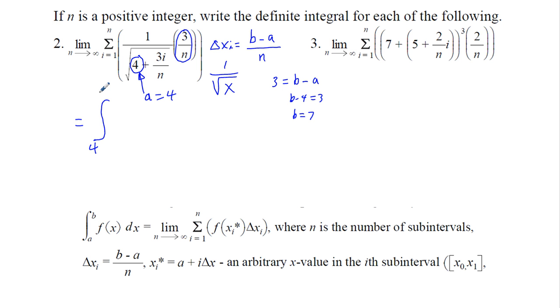So we're integrating from 4 to 7, and then we have 1 over square root of x dx. And really, that should be it. I hope this makes sense, and I hope it's right. Let's go on to number 3.